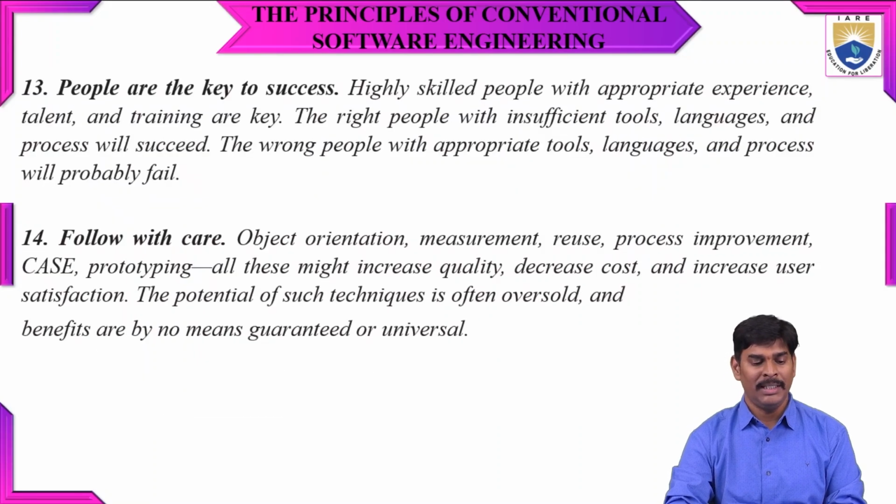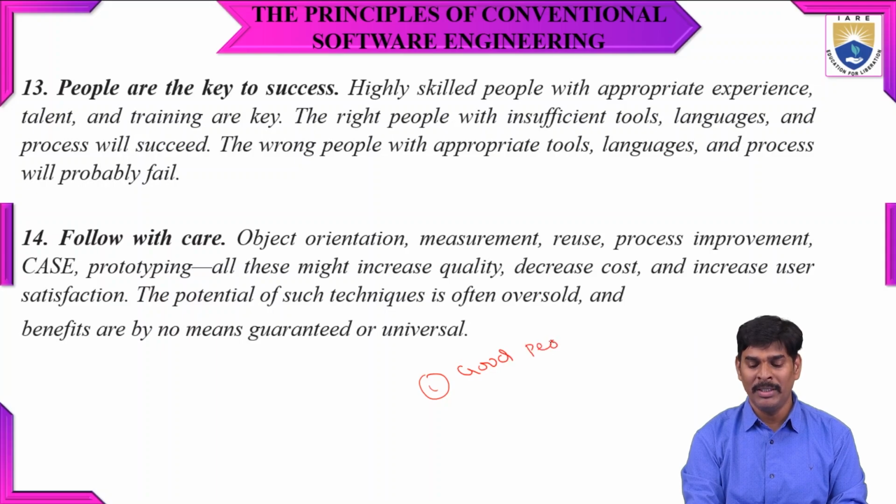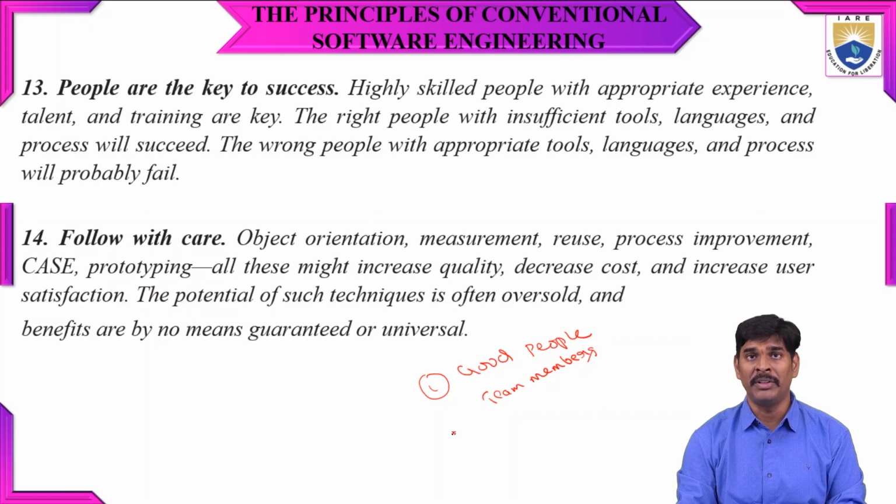Okay, and the next one is people are the key to success. Here, mainly highly skilled people means good people who have adequate knowledge in the technology and cooperate with the team members. Mainly we need to check whether this person has good communication between the team members and good knowledge of the technology.